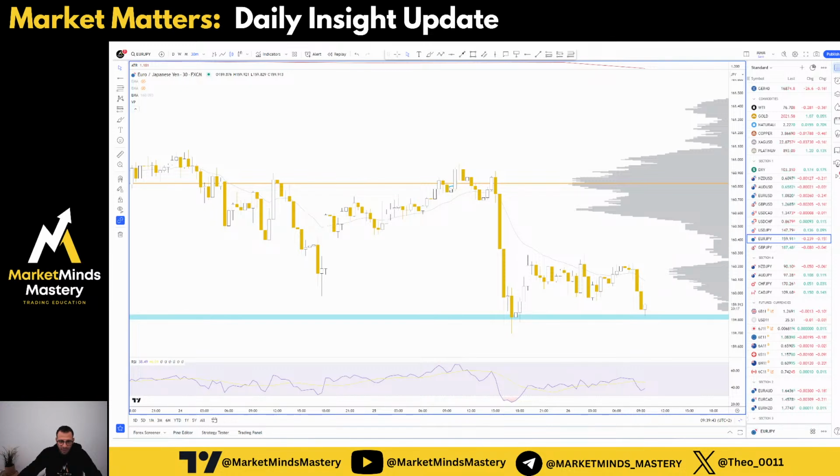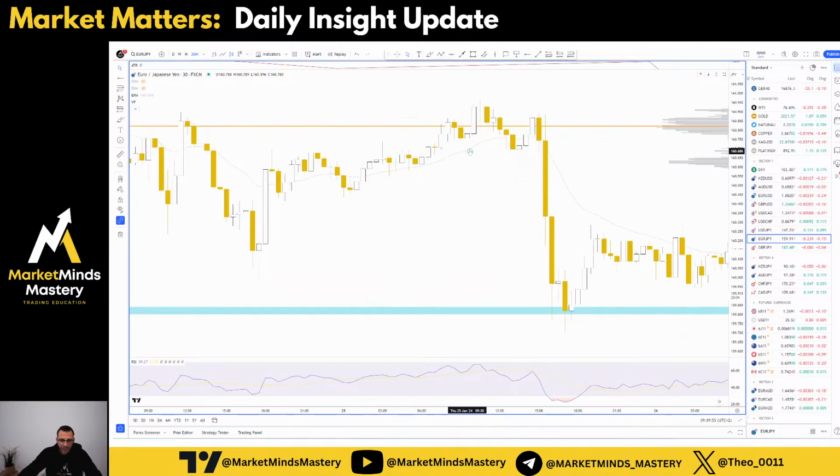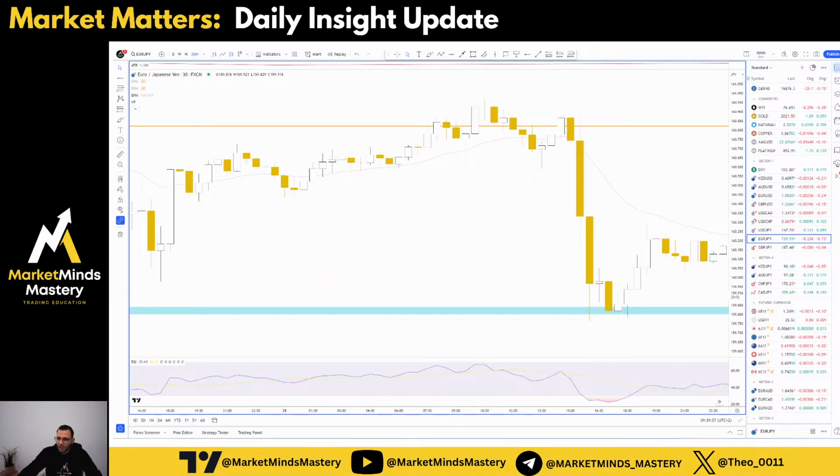Here it's a hammer. Do you guys see this? So here it's a hammer. A hammer is nothing other than a lower high and a lower low. So the price still makes lower highs and lower lows.